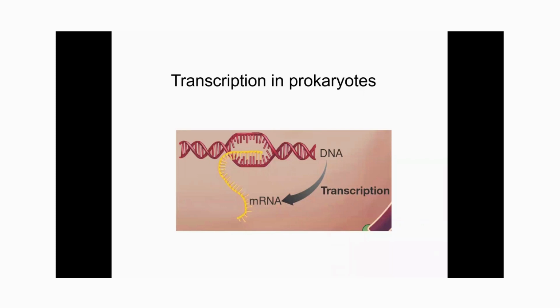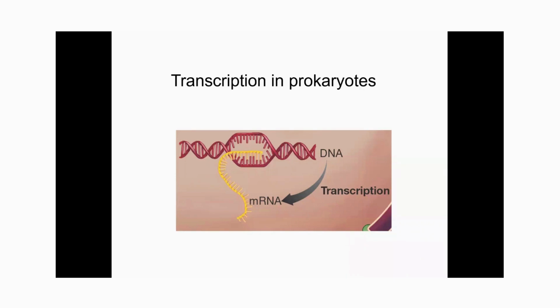The second process of the central dogma of molecular biology is, from the single-stranded mRNA molecule, the synthesis of proteins. Proteins are synthesized with the help of the ribosome and tRNA molecule.